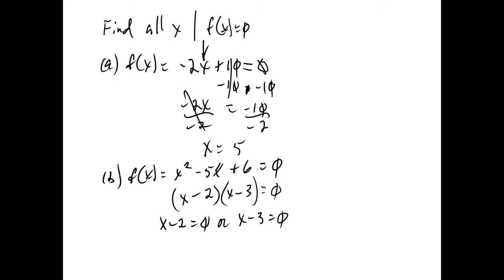And what have we just done by factoring and doing this? You've gone from a quadratic equation to a linear equation, and now we know how to solve those, right? How? Add 2 to both sides, and that gives you x equals 2.